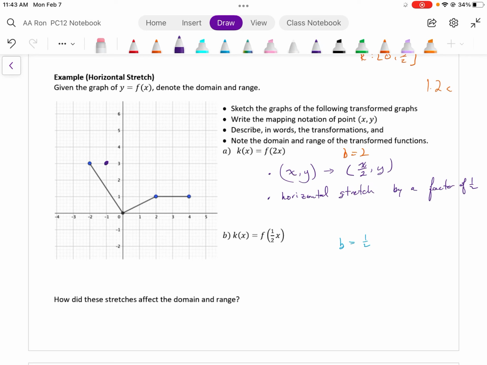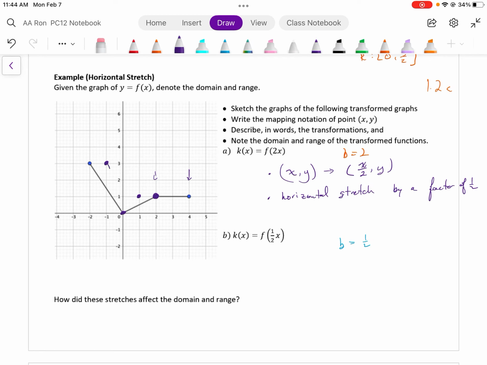Because the x value was multiplied by 1/2 or divided by 2. (0, 0): the x value is divided by 2. (2, 1): well, to compress this or stretch this by a factor of 1/2, we divide the x value by 2. So it becomes (1, 1). And now (4, 1) is mapped into (2, 1).